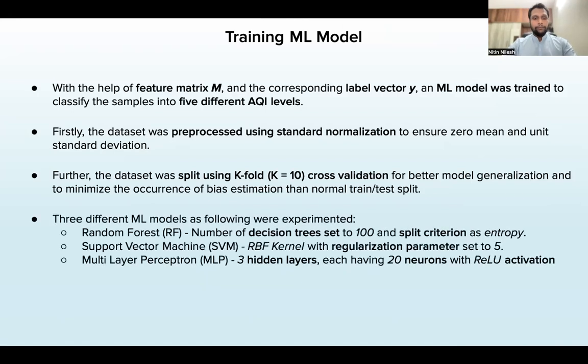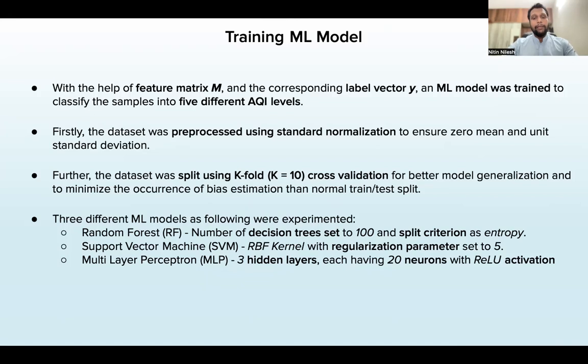We experimented with 3 different ML models: random forest, support vector machine, and multi-layer perceptron. For random forest, we set the number of decision trees to 100, and the split criterion was set to entropy. For SVM, we used an RBF kernel with regularization parameter set to 5.